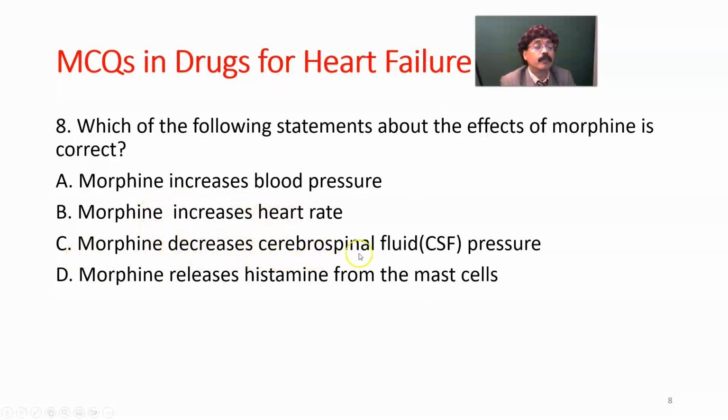Morphine decreases the cerebrospinal fluid pressure? No, because it dilates the cerebral vessels, so it increases the cerebrospinal fluid pressure. So all three are wrong. Morphine releases histamine from the mast cell. Is it true? Yes. This is the answer.